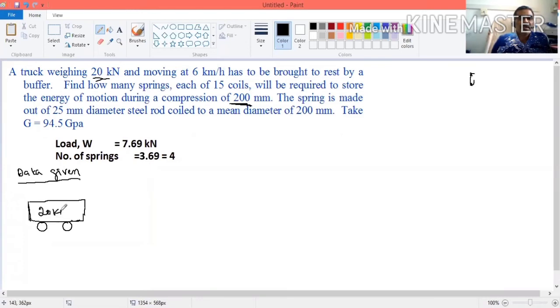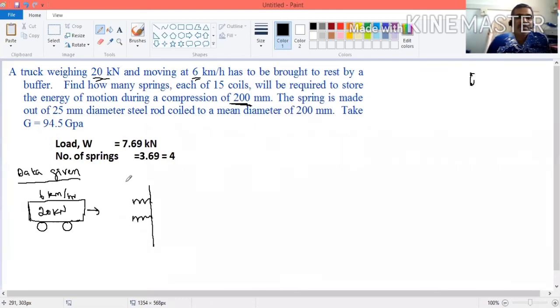What velocity is it moving at? 6 kilometer per hour. It is moving with this velocity. Now this is to be stopped by a buffer.